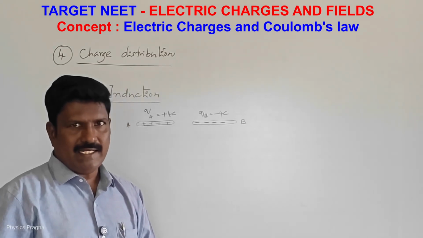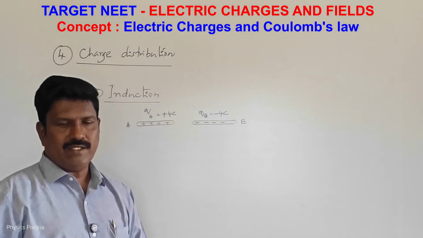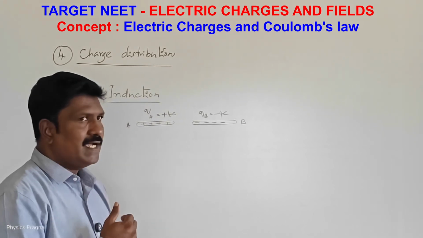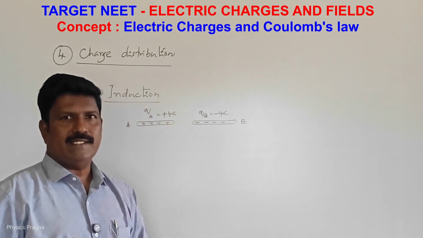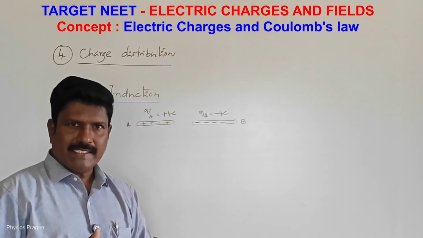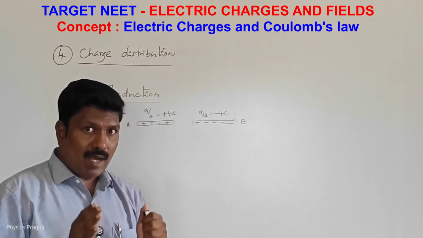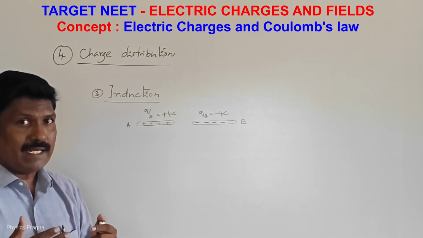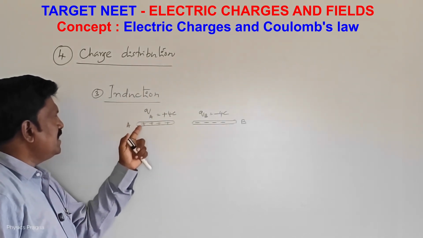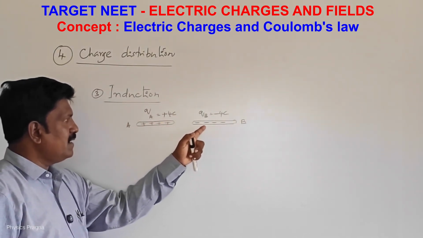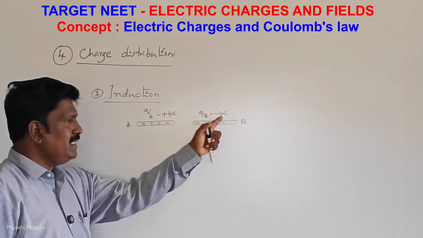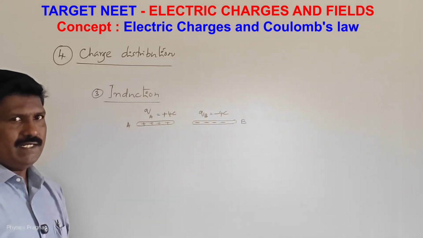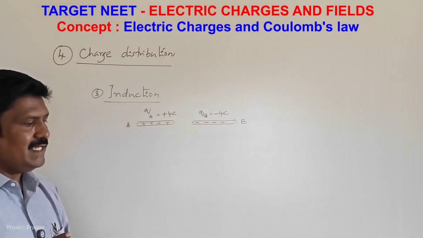Both are having the same magnitude, and they will attract each other after friction. In conduction, both bodies have the same type of charge and the same amount of charge, so they repel each other. In induction, both have the same magnitude of charge but the type of charge is different. After induction they will attract each other.